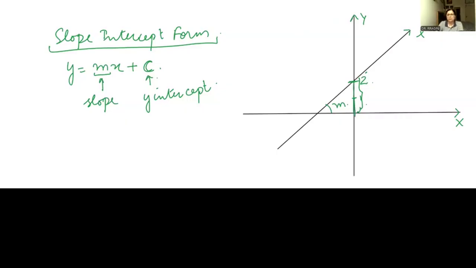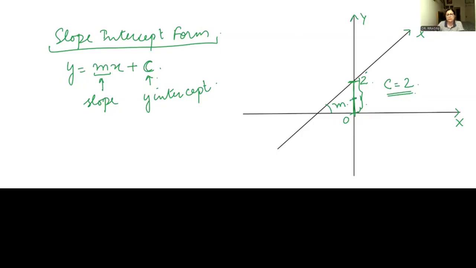Now, measuring from the origin, it is meeting the y-axis at 2. That means the intercept here is 2. So C becomes positive 2. Had it been in the negative direction, we would have taken negative 2, negative 3. The value of C comes from that particular point where the line meets the y-axis.